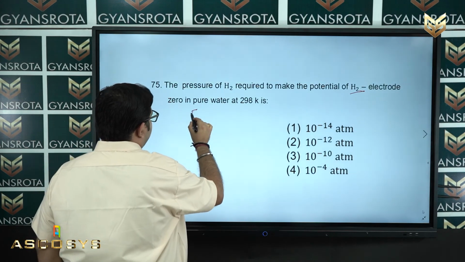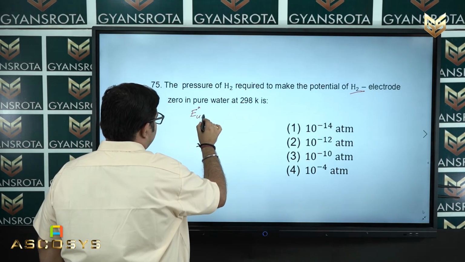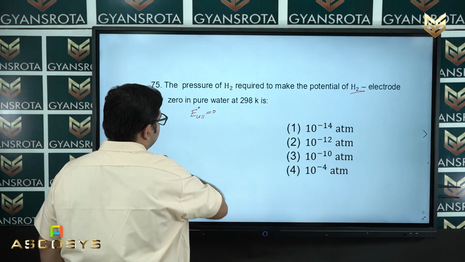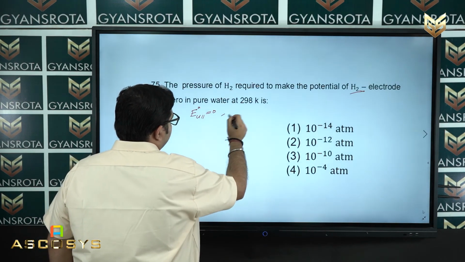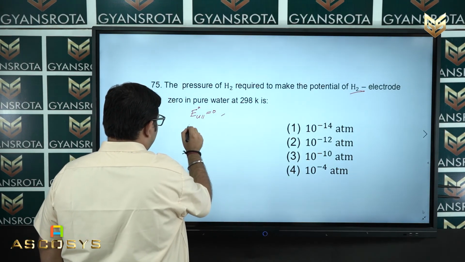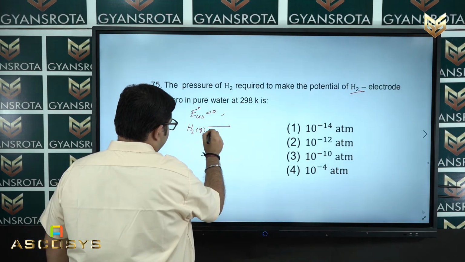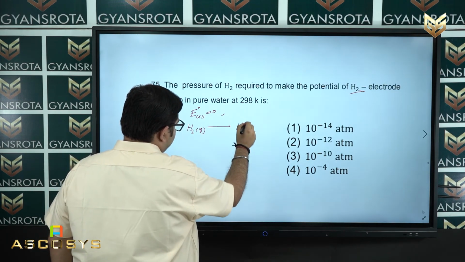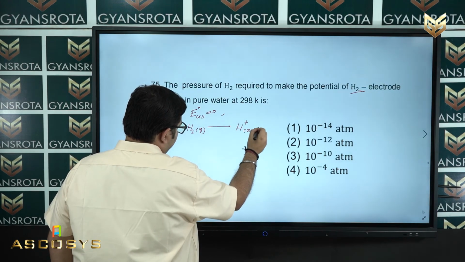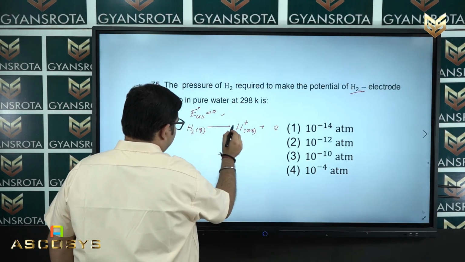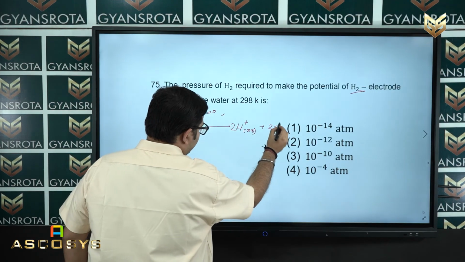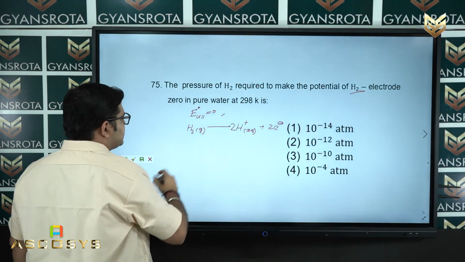For hydrogen electrode, E naught cell is equal to 0, and if you see the equation, hydrogen gas H2 is converted into H plus aqueous and electron. Now we have to balance this with 2 electrons and 2 H plus. So this is the equation.